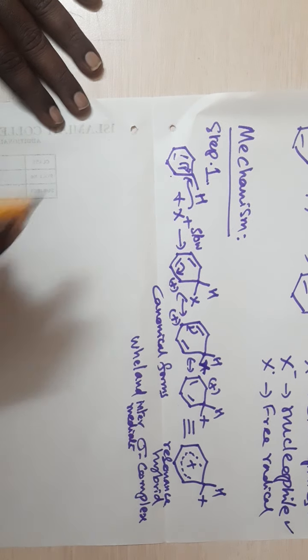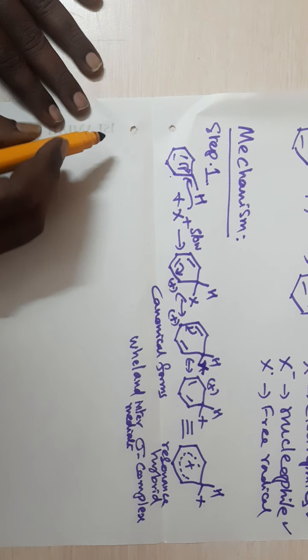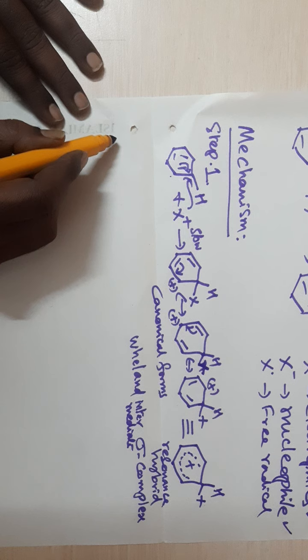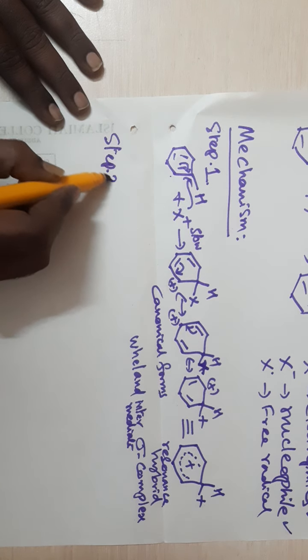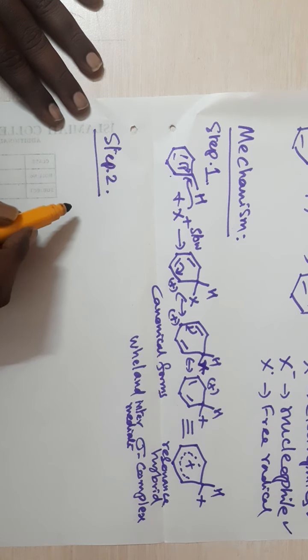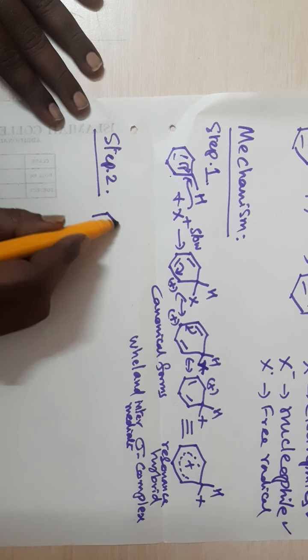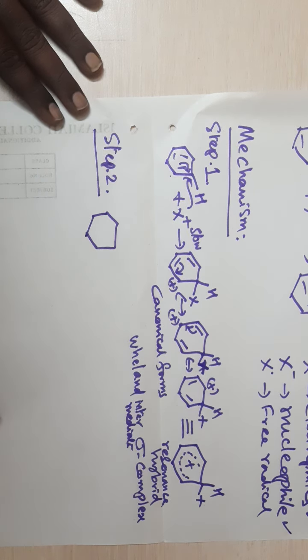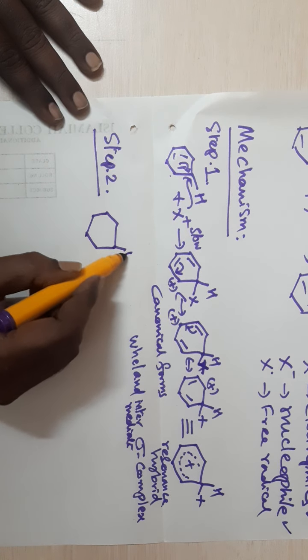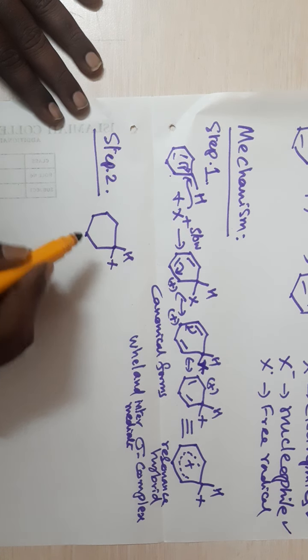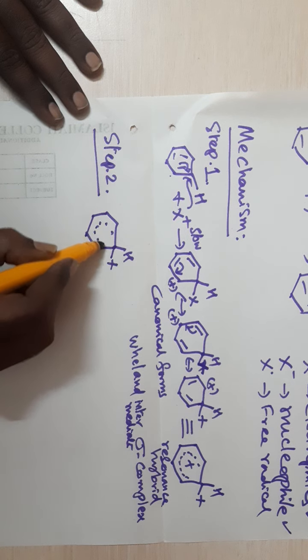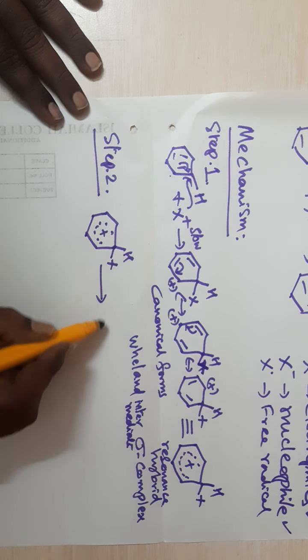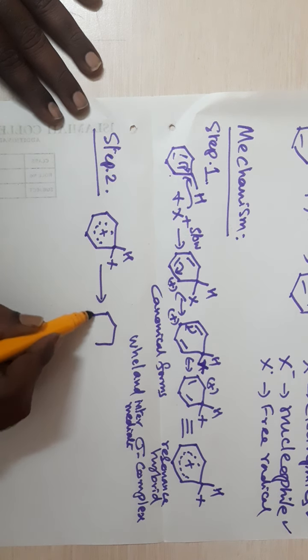Now let us see what happens after the formation of the resonance hybrid. In step 2, the sigma complex or valent intermediate, if it loses a proton, then we can say that the substitution has taken place.